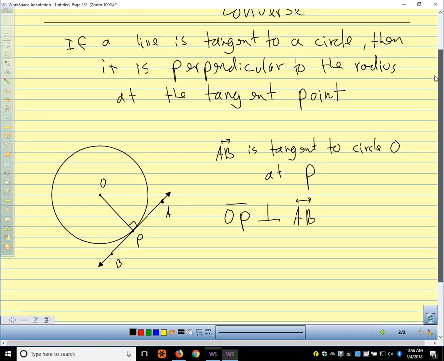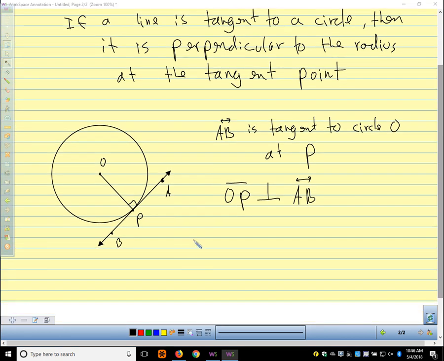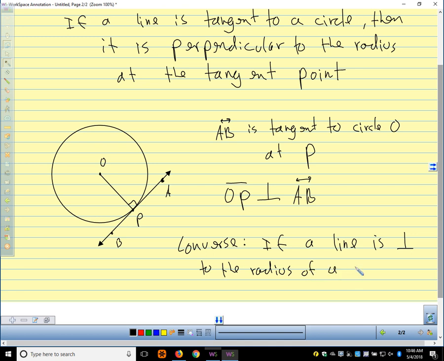The converse, for a converse, we reverse the if and the then. So we're going to say for the converse, and the picture is the same, if a line or a segment is perpendicular to the radius of a circle, then it is tangent to the circle at that point.